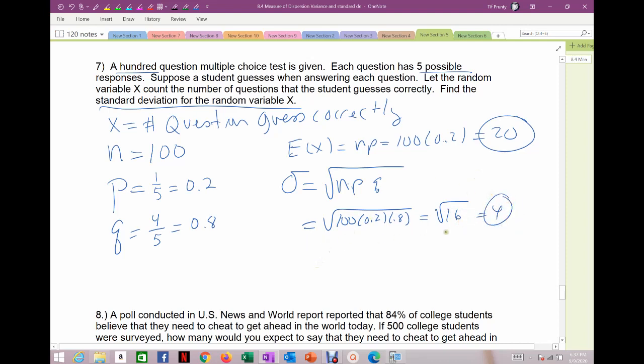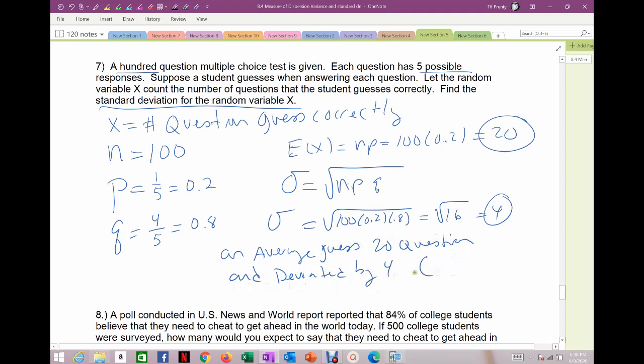So the standard deviation is 4, and so we would, on average, based on probability, guess 20 questions and deviate on average by 4.